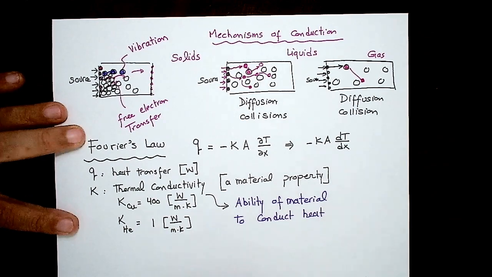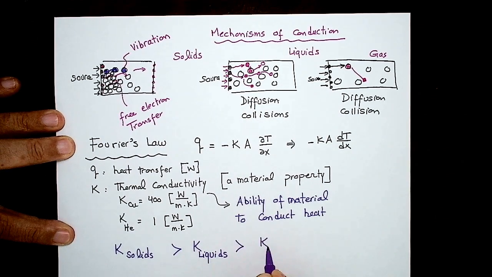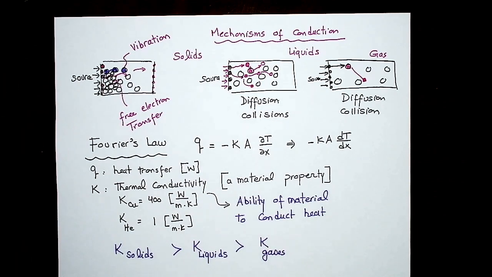So it's clear from this discussion that K for solids is expected to be larger than the thermal conductivity of liquids, and expected to be greater than the thermal conductivity of gases. So that's from the mechanism of conduction itself.